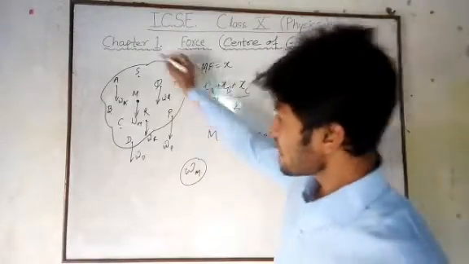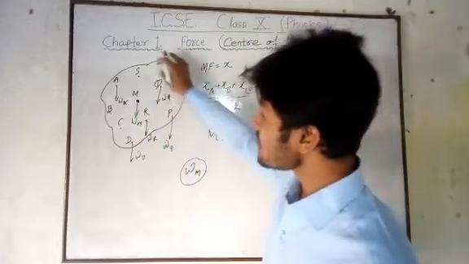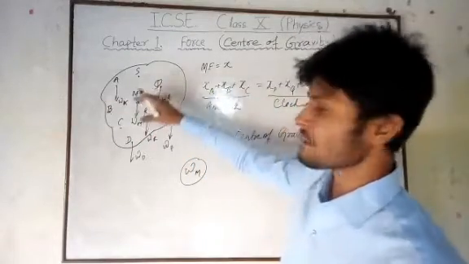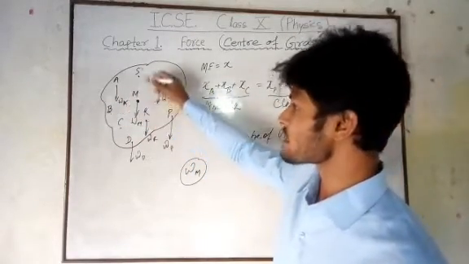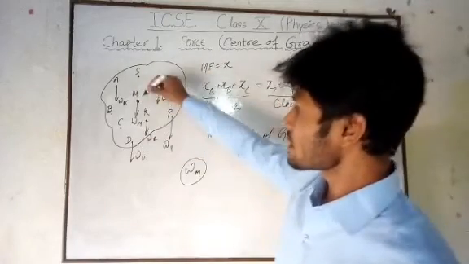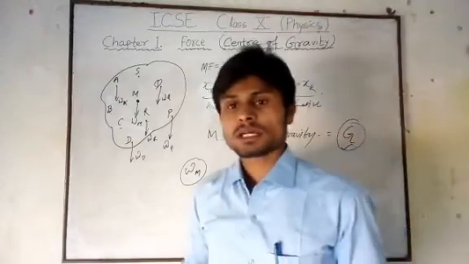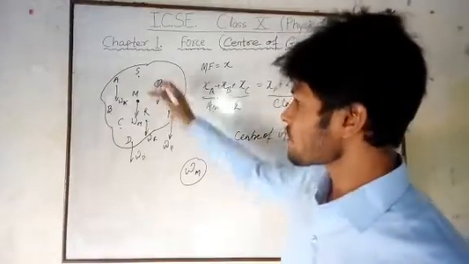But if M exists in this particular shape of the body, inside the material or somewhere else in the body, then this M, which is actually the center of gravity, represents all the weight of the body.